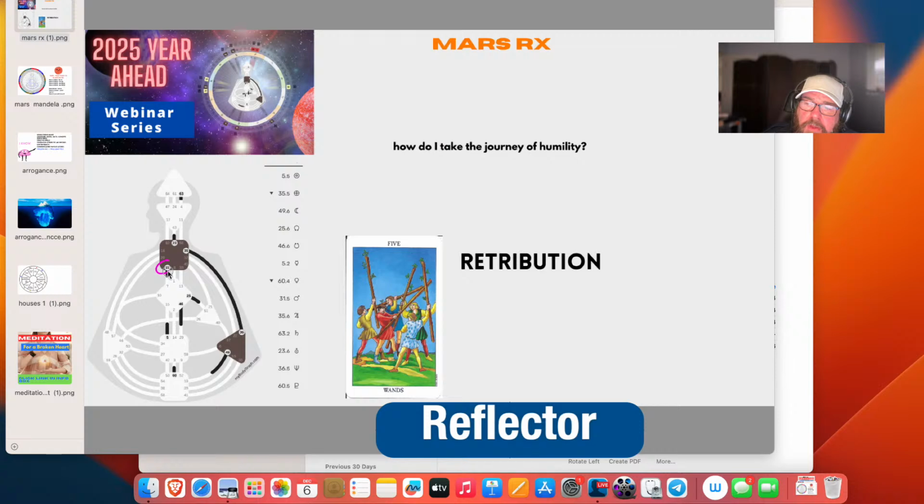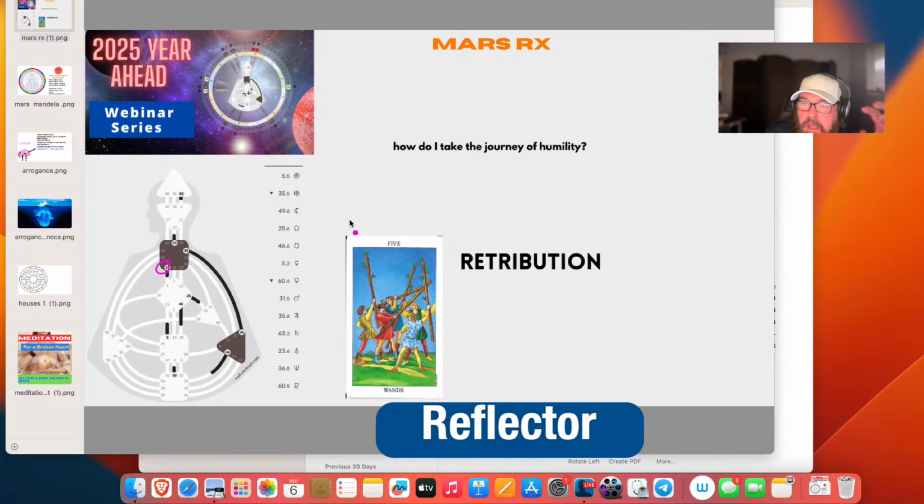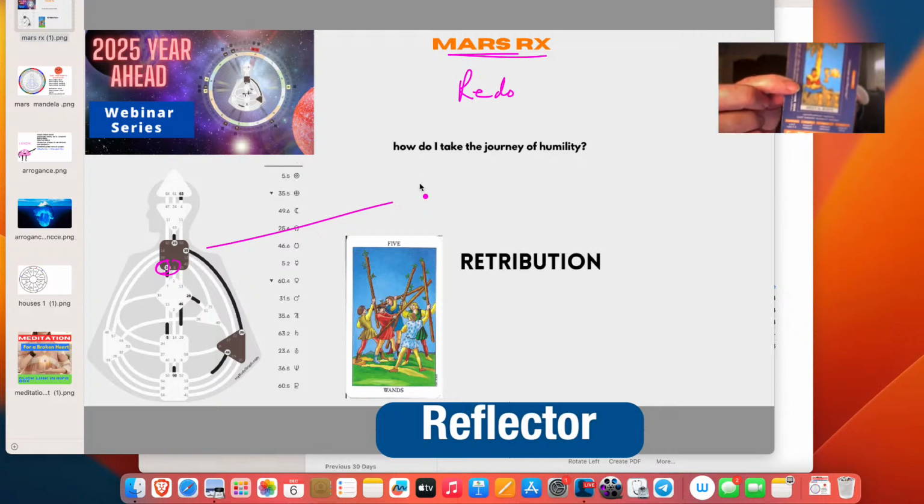And the 31 is very good at, masterful at, manipulating language and words and ideas and concepts, right? So with Mars retrograde, this is a redo. And it's like, oh, in the past, I had a chance. I had an opportunity, but I didn't take it. That's the Four of Cups.